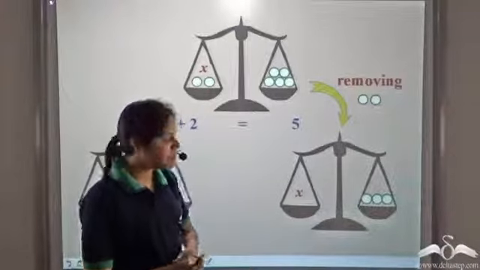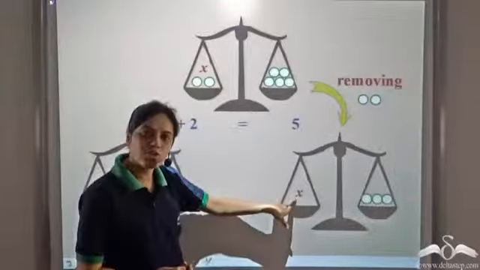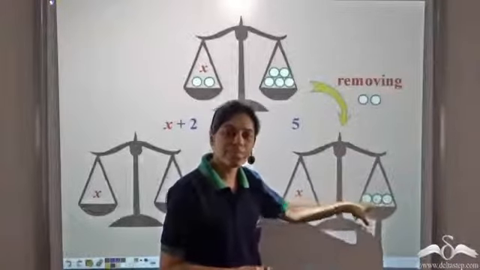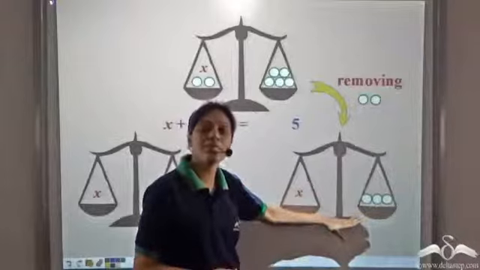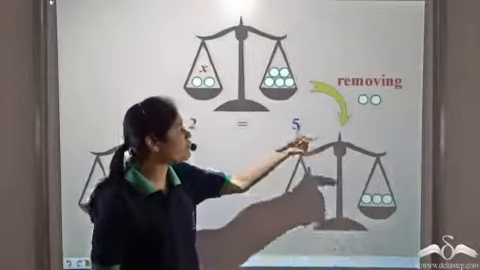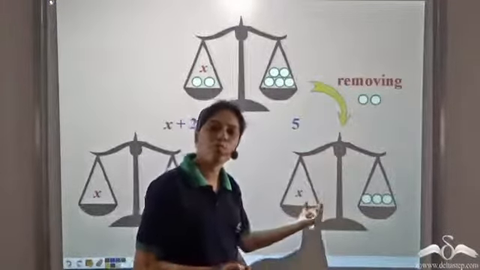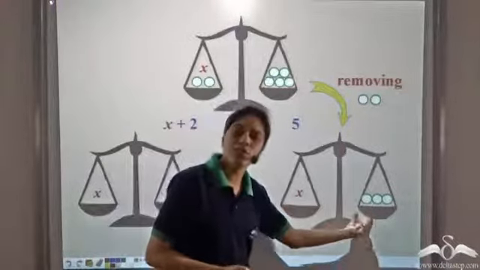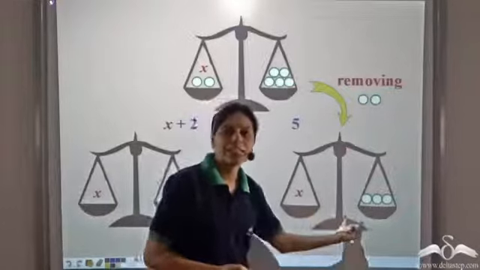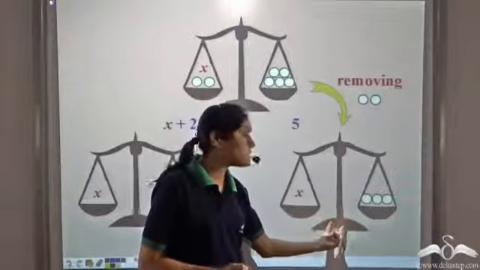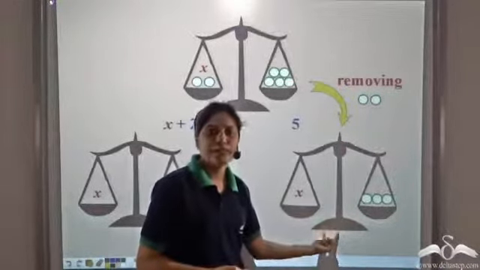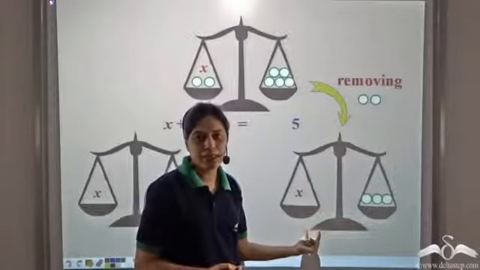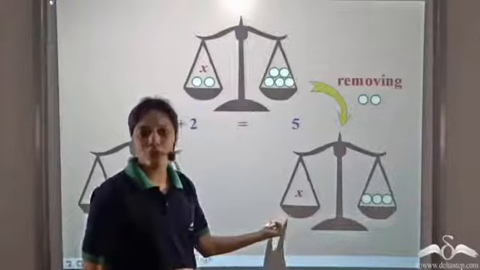So, what are we left with? We have x on the left hand side and 3 balls on the right hand side. And the scale is still balanced because we have removed an equal number of balls from both the sides. So, x is equal to 3 and this value of x keeps the scale balanced. That is, this value of x maintains the equality. Hence, this is our solution.